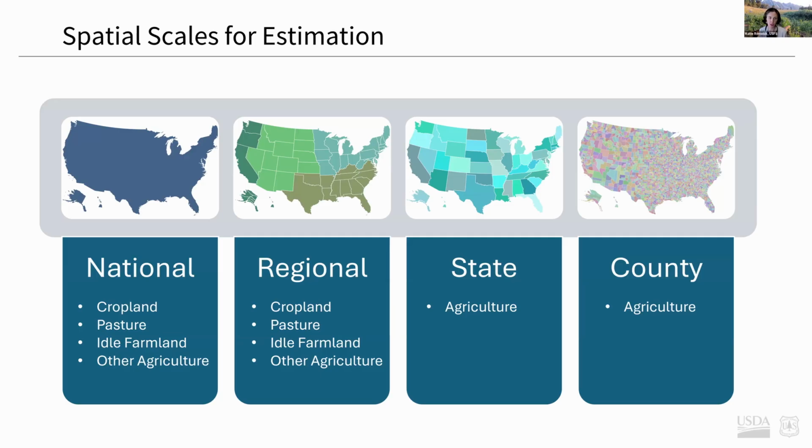And the regional scale was as fine as we could go and still have enough sample size to look at those subcategories. So for the state and county level estimates, we aggregated all of the agricultural land uses, but these estimates still provide additional detail about the spatial patterns. And the county level estimates in particular were of interest because they could help wood producers understand potential risk of past deforestation within the area that they're sourcing from.